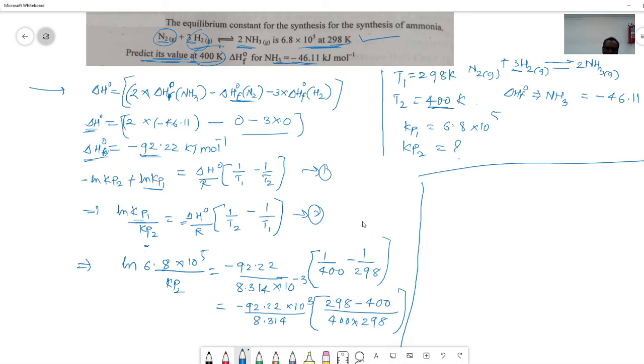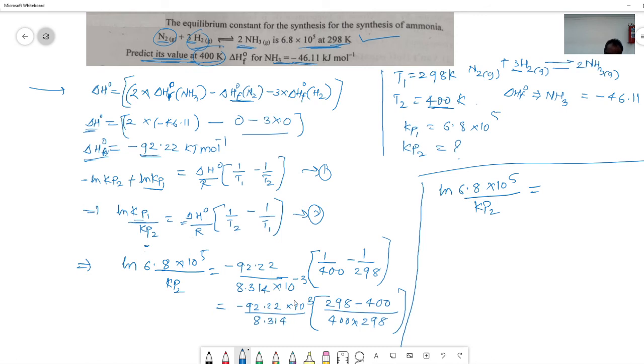So ln of 6.8 into 10 raised to 5 divided by Kp2 is equal to, if you multiply the whole value, 298 minus 400.